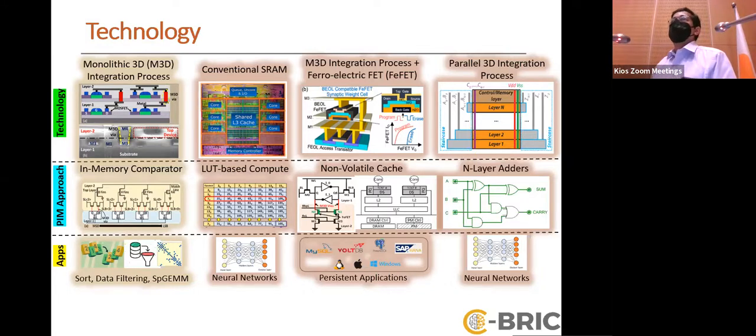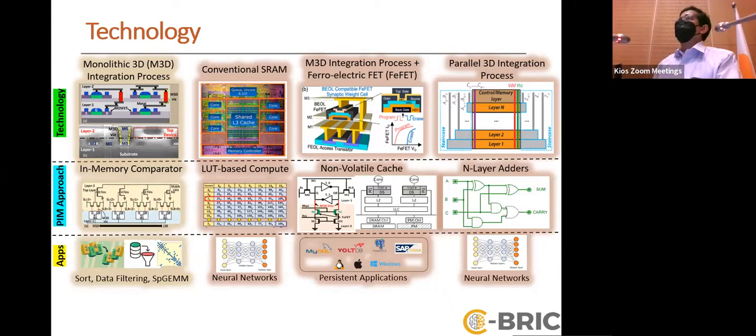But in this monolithic 3D, you have one layer and then you make another layer right on top of it. So the connections are very fine grained, right? The connections don't take too much space. That's the key difference in the monolithic 3D process.